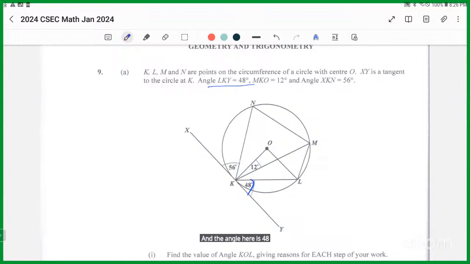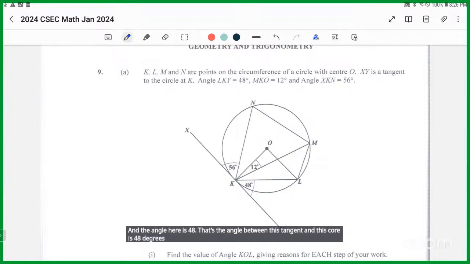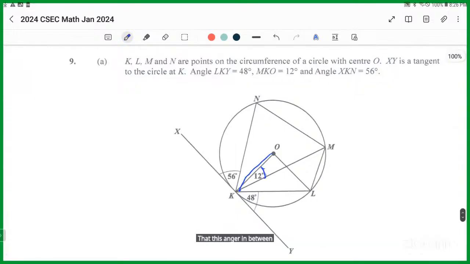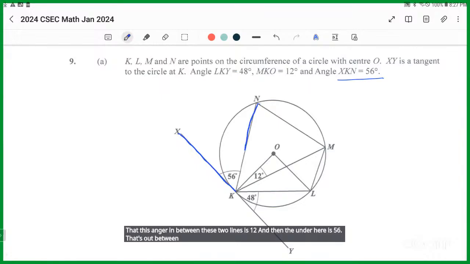That's the angle between this tangent and this chord is 48 degrees. And then the angle here is 12. That's this angle in between these two lines is 12. And then the angle here is 56. That's the angle between this tangent and this chord is 56.